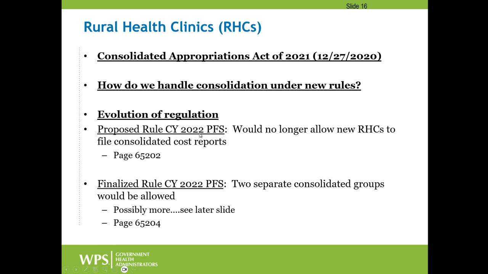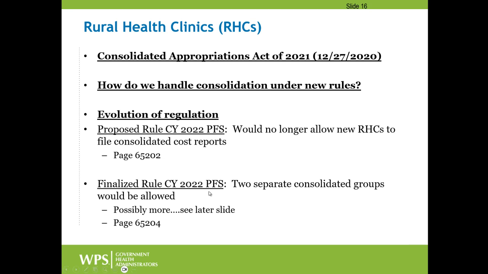The original proposed rule for 2022, and by the way, this was in the physician fee schedule proposed rule, they were initially going to completely deny new RHCs the ability to file consolidated cost reports. Basically, if they had any new RHC, the whole group was out of luck. They were no longer allowed to consolidate.